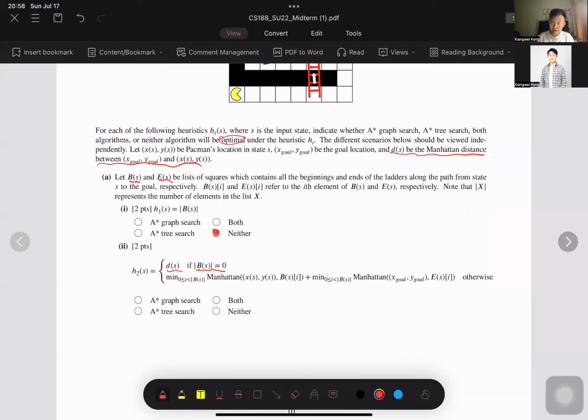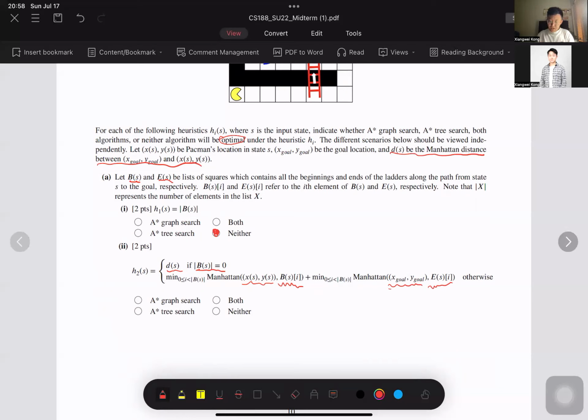Otherwise, the heuristic will be the Manhattan distance from the current location of the Pac-Man to the closest letter start, plus the Manhattan distance from the closest letter end to the goal.